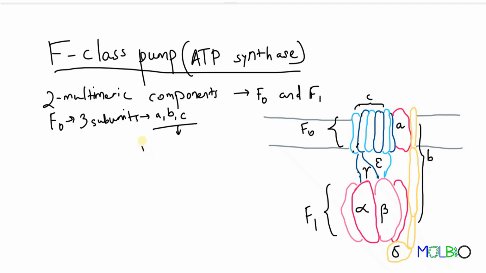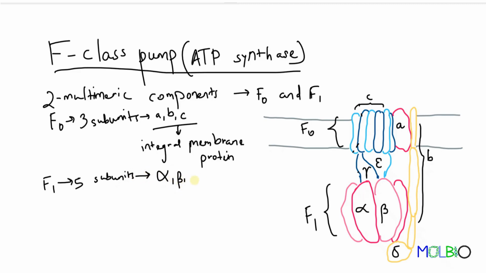Here let's say the mitochondrial inner membrane or any lipid membrane, and in this subunit, the C component, the C ring, is the one which rotates, and this is the important component of this. We'll see how it affects the energy production. Let's first see that the F1 subunit component has 5 subunits: alpha, beta, gamma, delta, and epsilon.